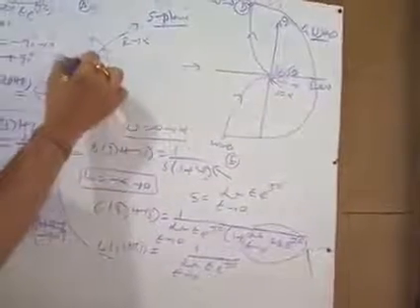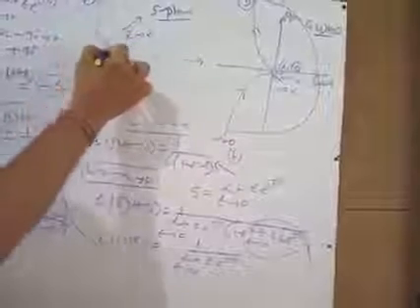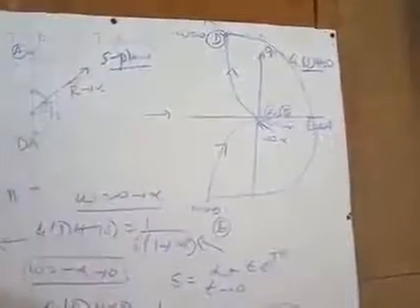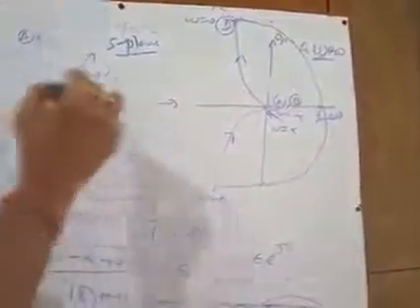So what happens? When you bypass this point S equal to 0 with this small semicircular indent, in every case you will find the encirclement of this complete right hand side path, and these two points D and E are connected by this path.